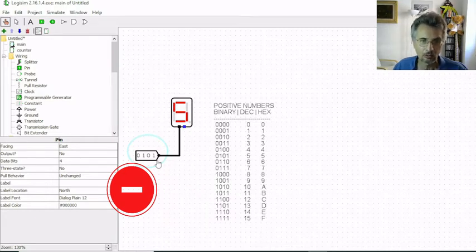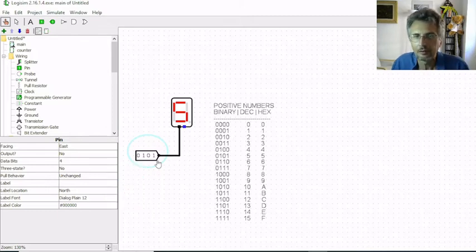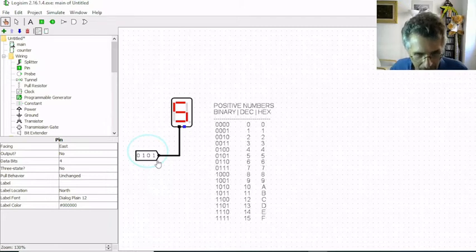But in computers and digital electronics, we don't have any special symbol. We only have bits. So every piece of data should be represented using just 0 and 1.